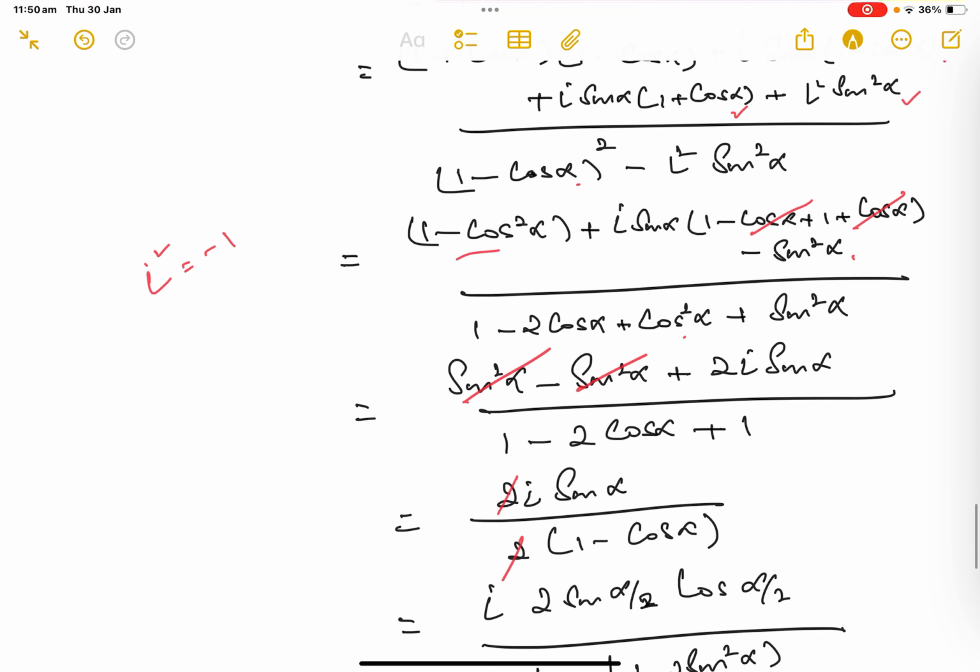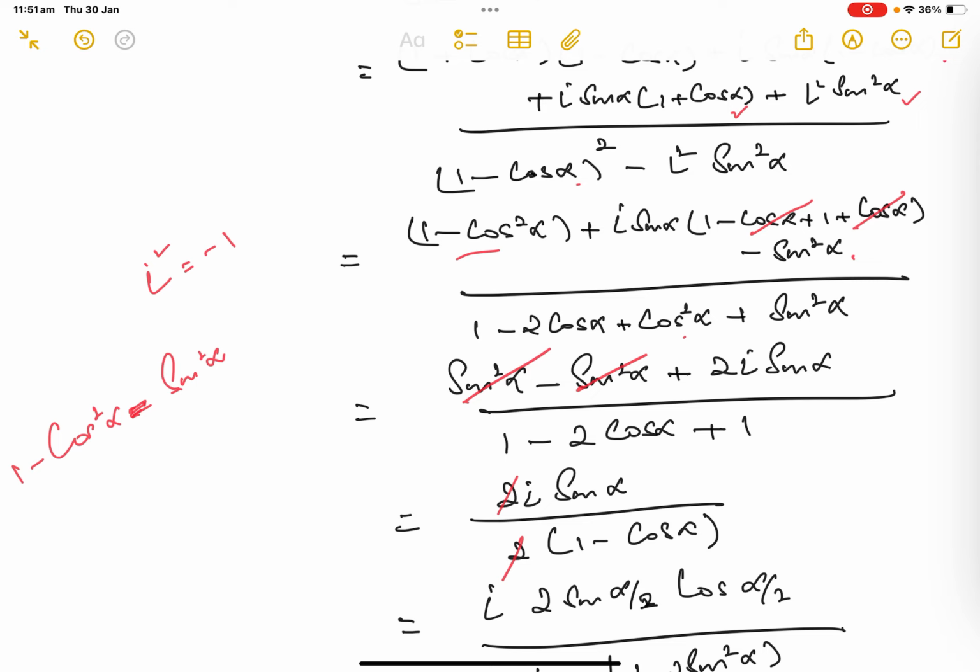We know that 1 minus cos squared alpha equals sin squared alpha. So sin squared alpha cancels, and the cos alpha terms cancel out, and we only get 2.